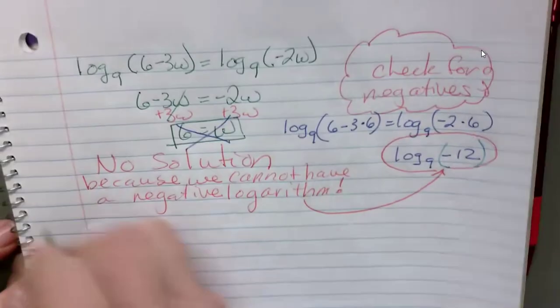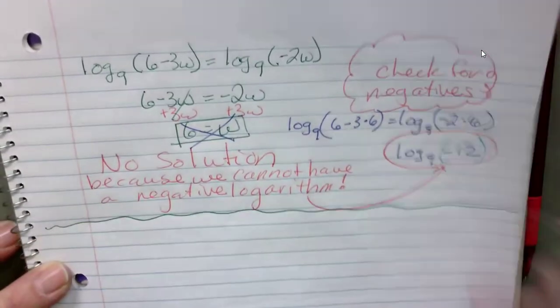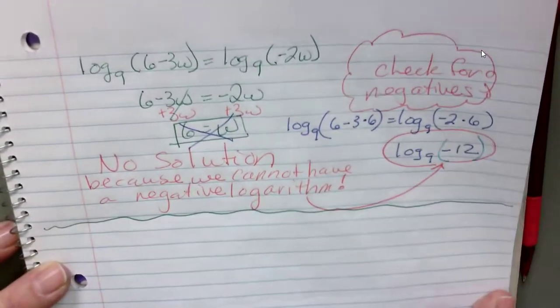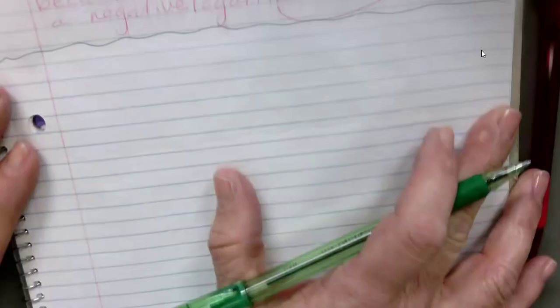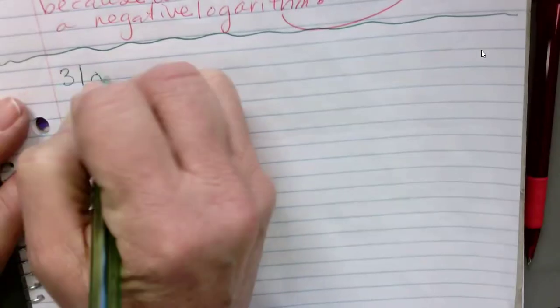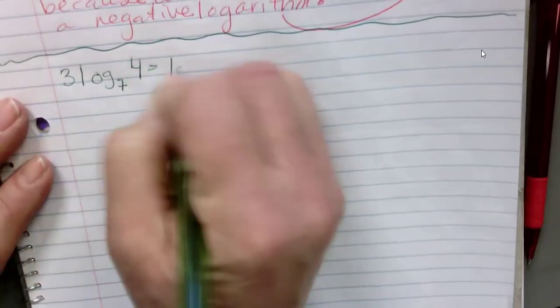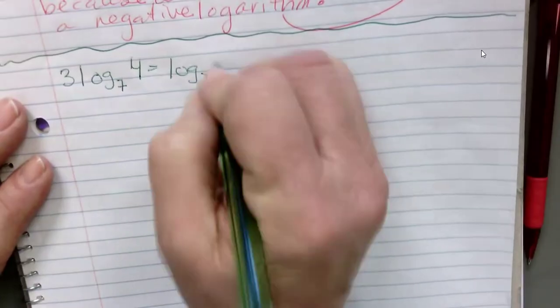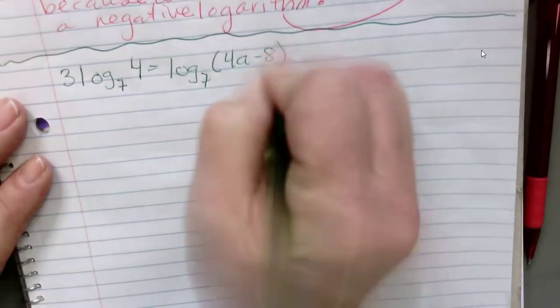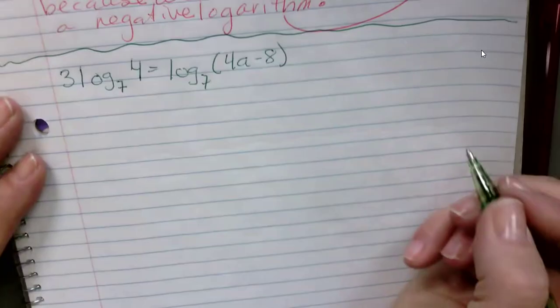Pause here. All right, moving on. Now we have 3 log base 7 of 4 equals log base 7 of the quantity 4a minus 8. Step 1 is to condense.